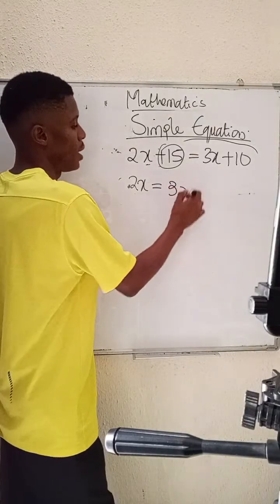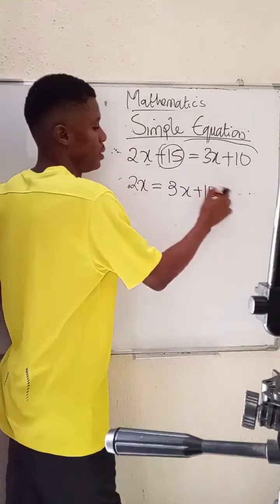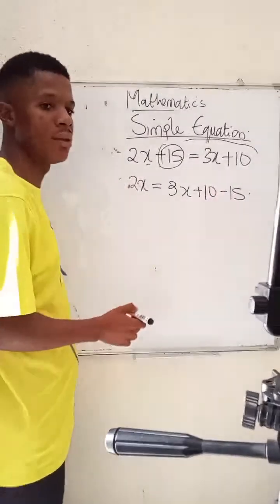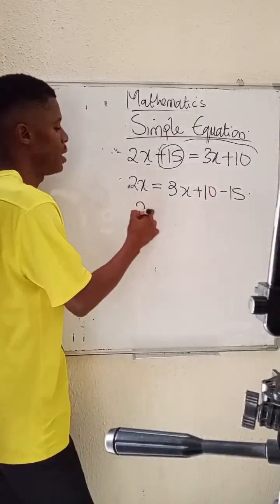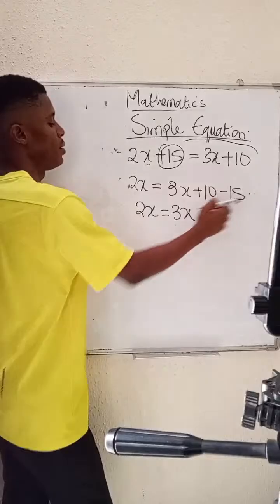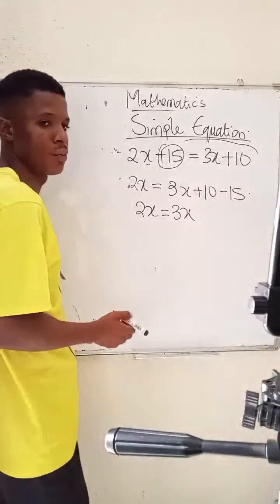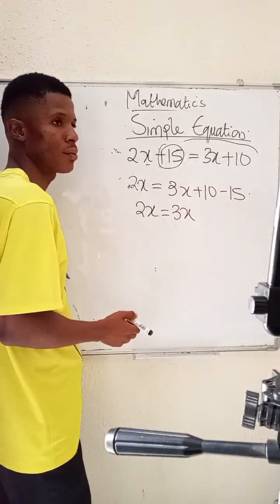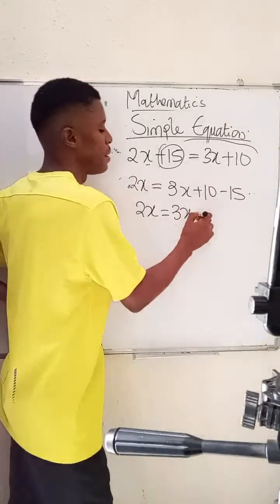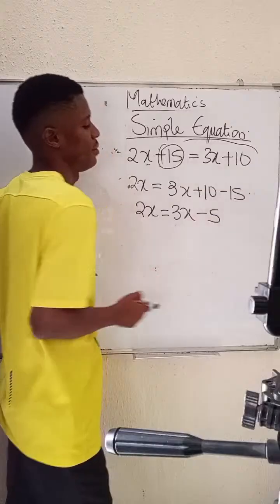So we have 3x plus 10, then minus 15. So you have 2x is equal to 3x, 10 minus 15 is what? 10 minus 15 is minus 5.